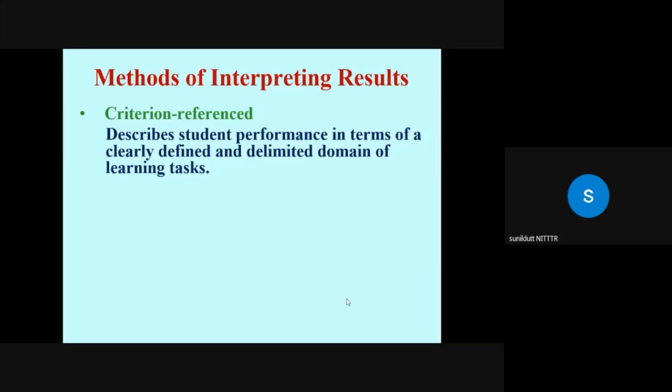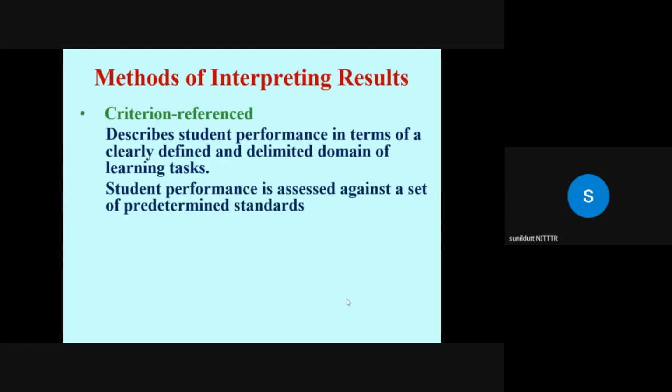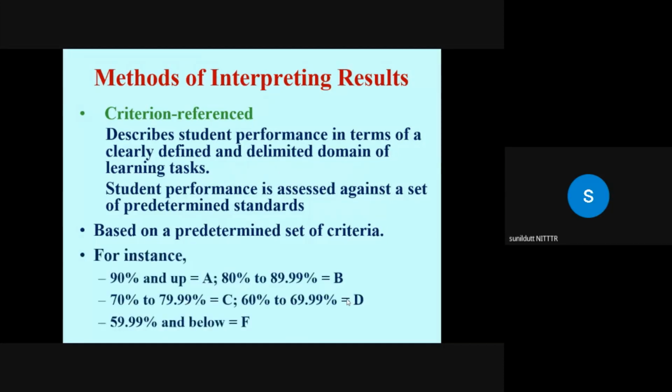Okay, so in criterion reference testing, student performance is assessed against a set of predetermined standards, that is the learning outcome. उनको आपस में कंपेयर नहीं कर रहे. So based on a predetermined set of criteria, for example, 90% and up A grade, 80% to 89.99 B, 70 to 79.99 C, and so on.